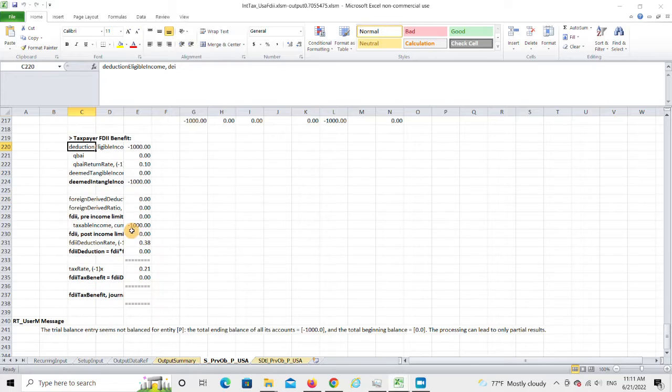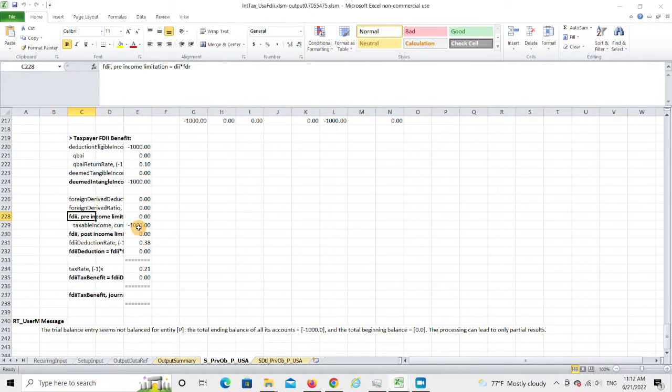However, in the next section, we look at the foreign derived income, which is 0 because we had only that $1,000 income, but we don't know it's foreign derived. Therefore, the foreign derived ratio is 0. So the FDII income before any consideration of income limitation is 0.